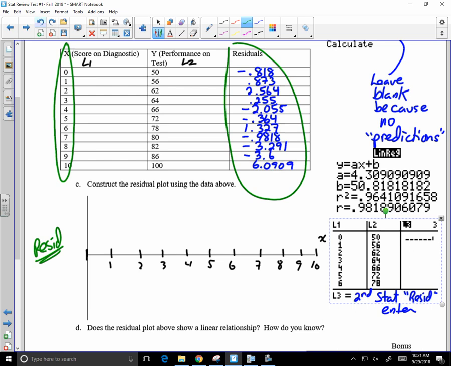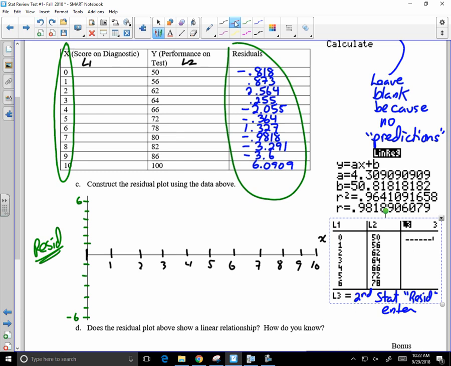Maybe we want to have some symmetry in our y-axis. So I'm going to go up to 6. So 1, 2, 3, 4, 5, 6, and then go down to -6. And then everything is a ballpark estimate.